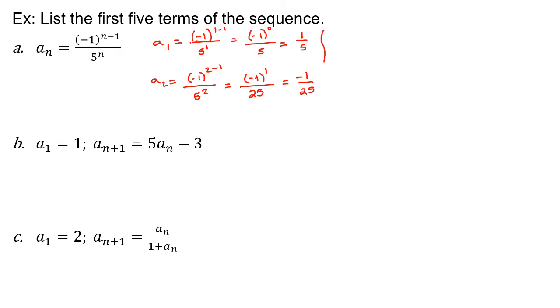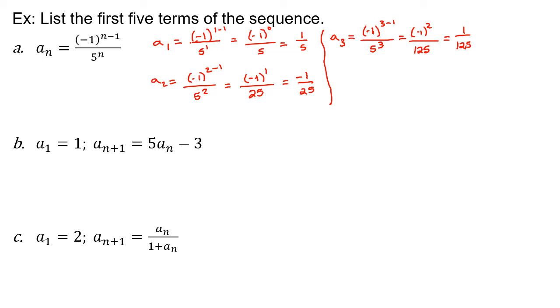If I did a sub 3, that would be negative 1 to the 3 minus 1 over 5 cubed. And so that's negative 1 squared over 125. Negative 1 squared is 1, so I get 1 over 125.